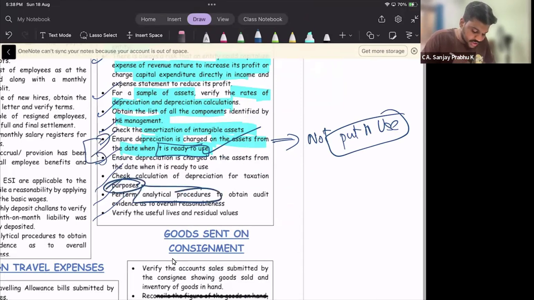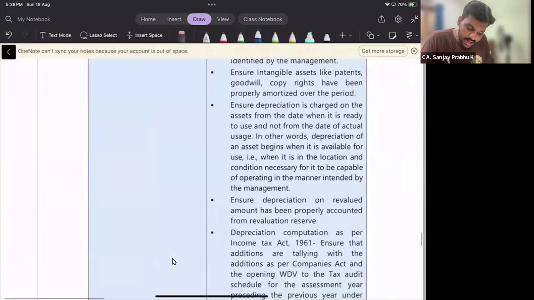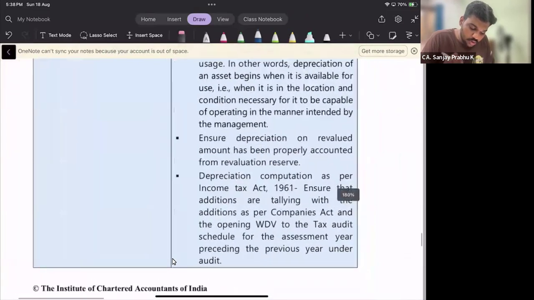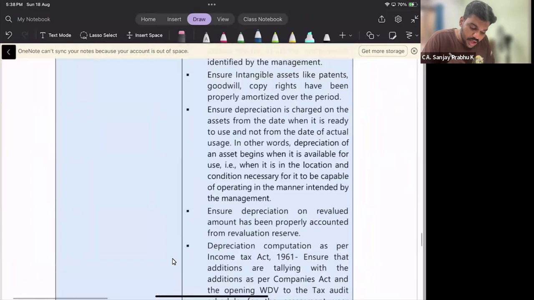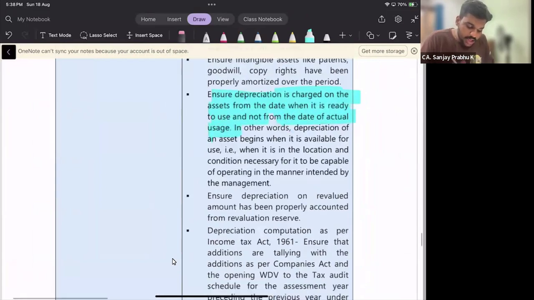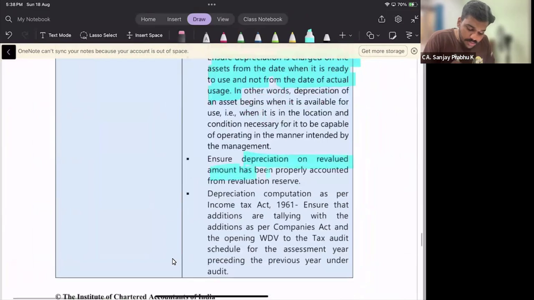Perform analytical procedures. Verify the useful life and residual values. Say, for example, ensure depreciation starts from the date when the asset is ready to use and not from the date of actual usage. Ensure the depreciation on the revalued amount has been properly accounted from the revaluation reserve.